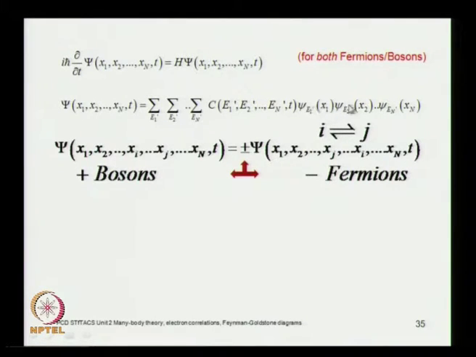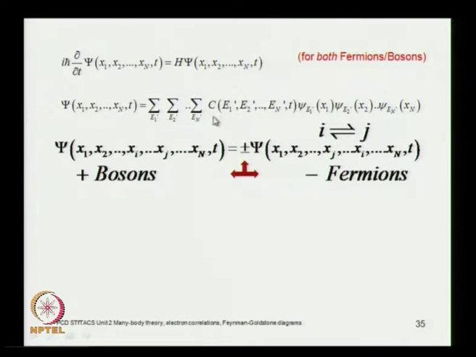Now, this is just a product of single particle states, and you are summing over all of them. Okay. So, the statistics is not contained here, the statistics is contained in the coefficient C. Okay.